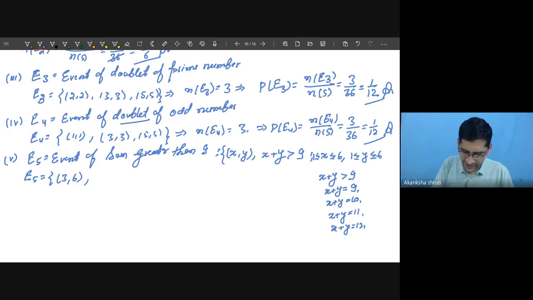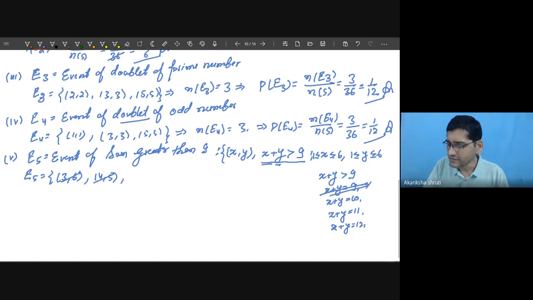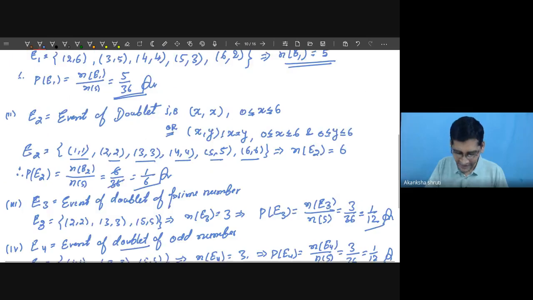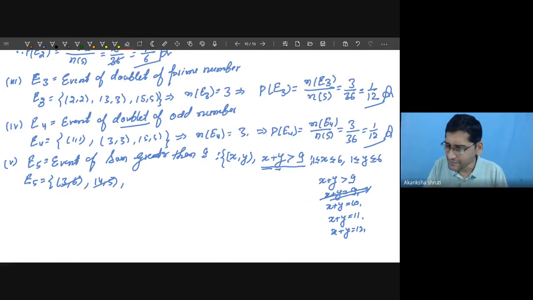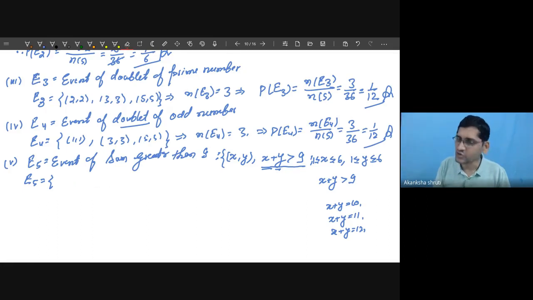Increase the first die to 4, then reduce the 6 to 5, so that the sum becomes 9. But students, it should not be 9, it is greater than 9. So x plus y equal to 9 should also not be taken. So be careful. If you are sleeping, I'm expecting that at least you do not sleep. So even this choice is not true.